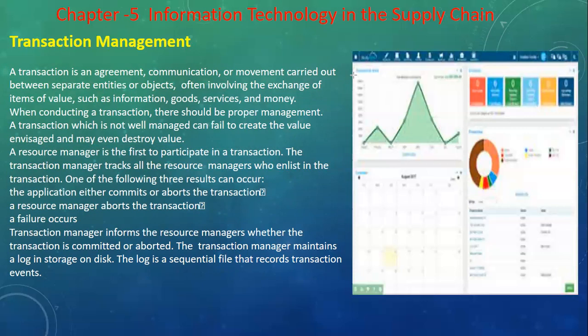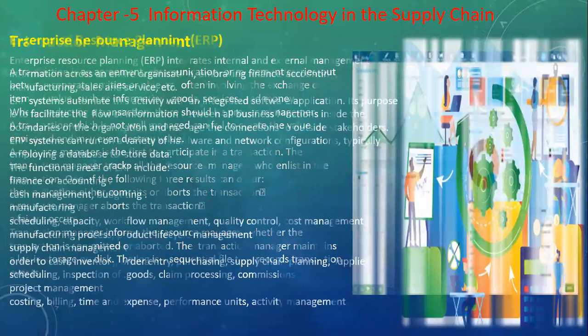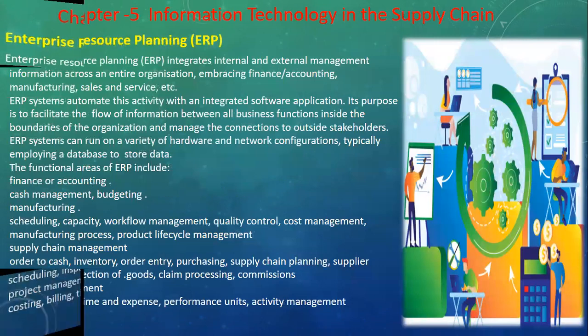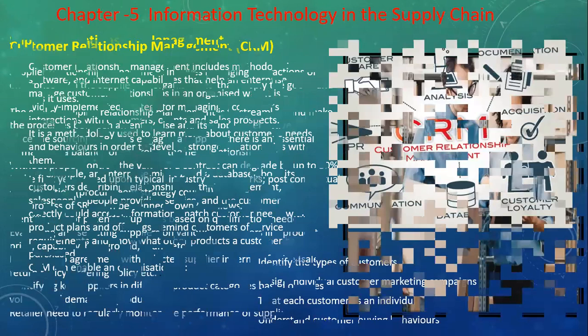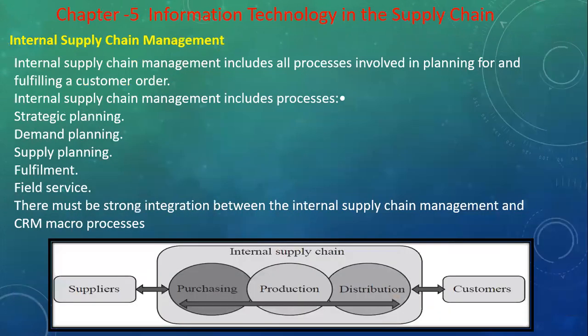So guys, we just understood what transaction management is in the system. Okay, so a transaction is the process of receiving an order, executing an order, and moving goods from one location to another. All these things come under transactions.